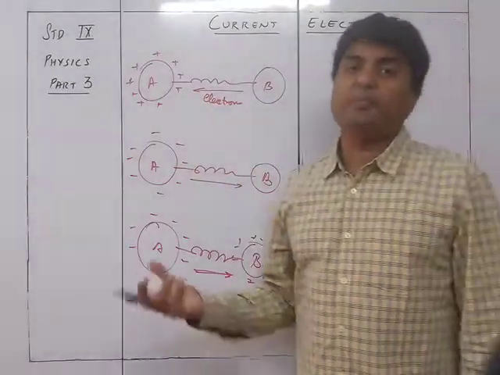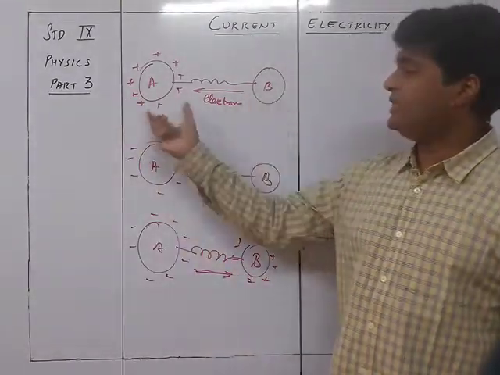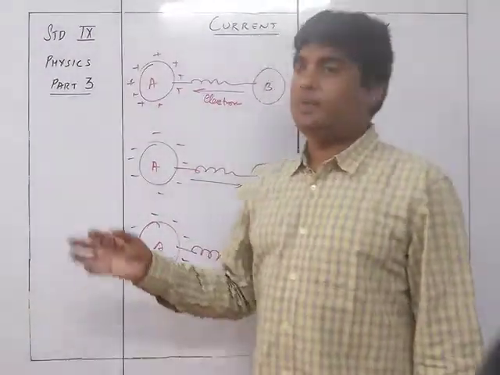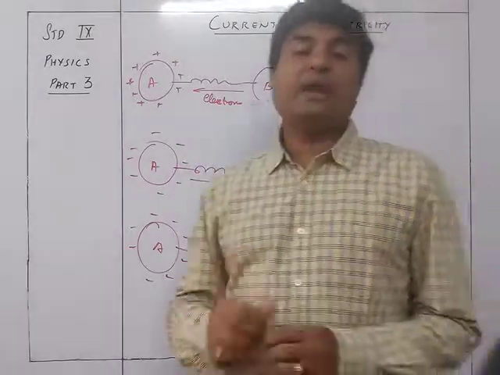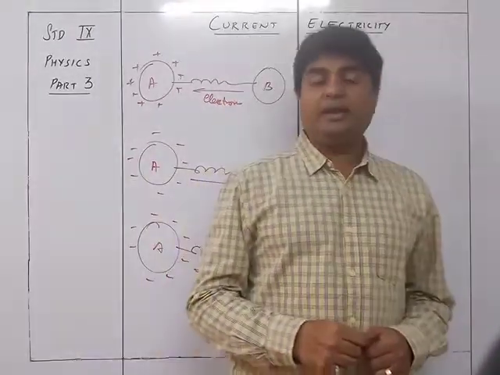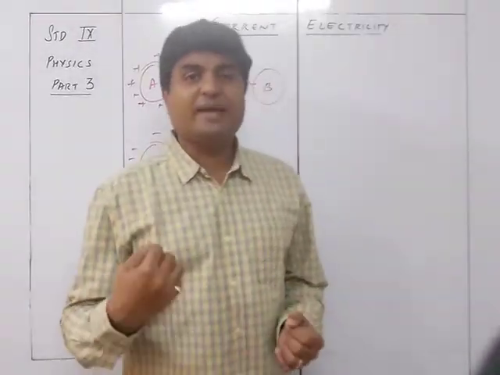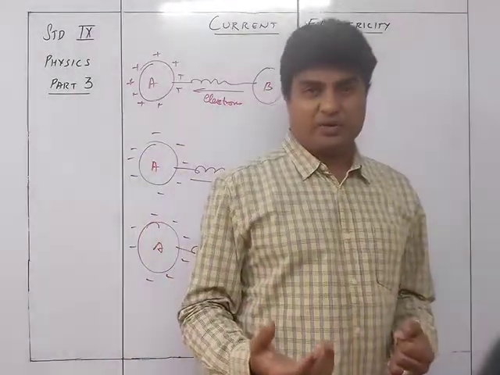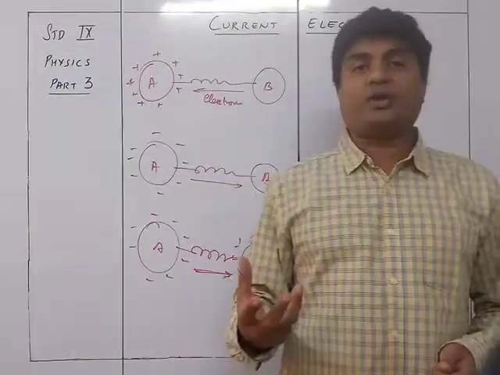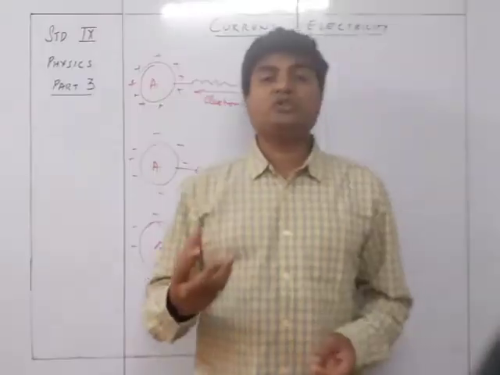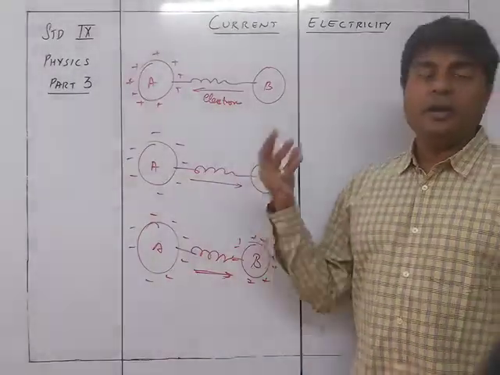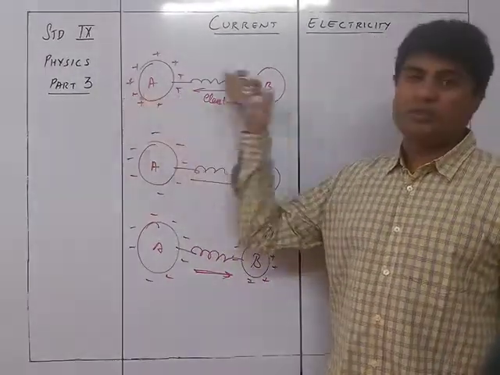Why is there flow of current? Because of the difference in the number of electrons in A and B. If the number of electrons in A and B are equal, then there will be no flow of electrons. So for a flow of electrons to be possible, there has to be some kind of difference in the number of electrons in both these conductors.